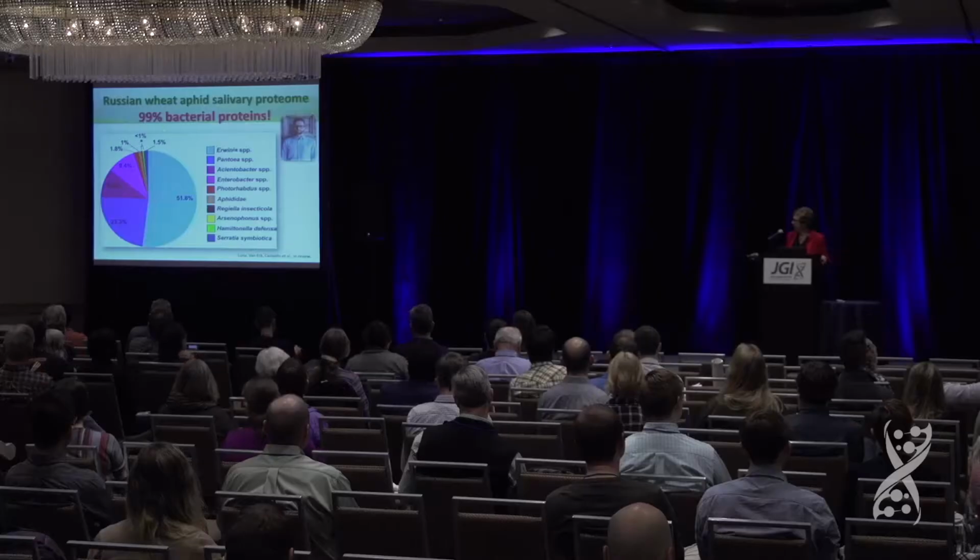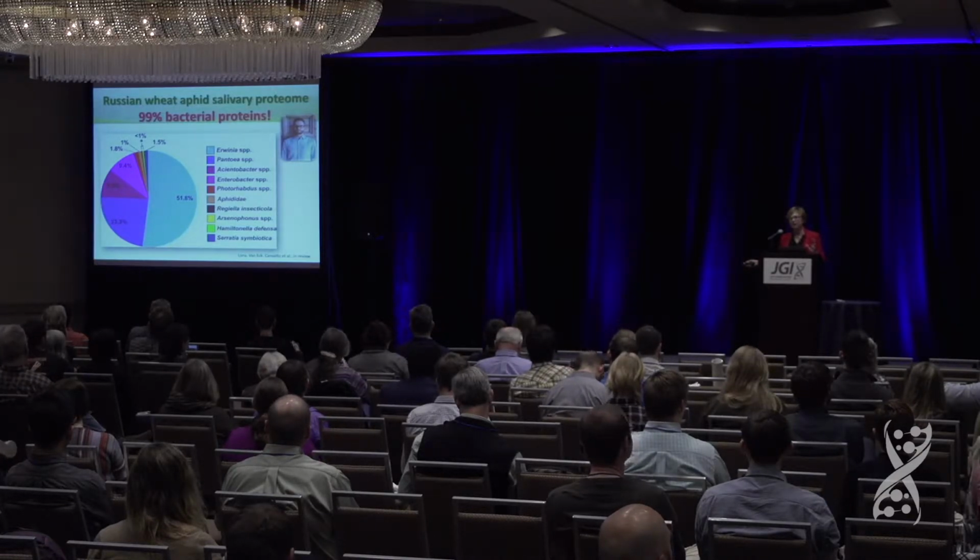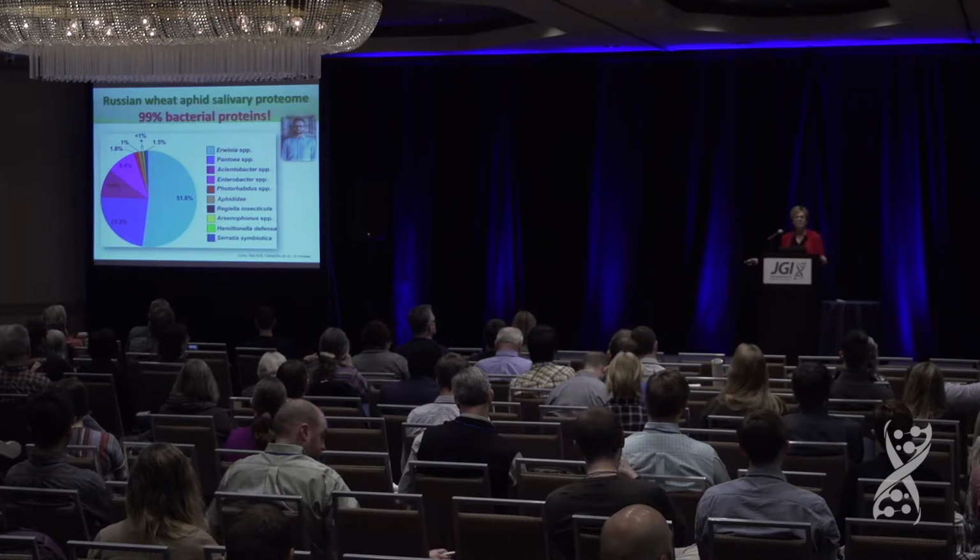I'm a microbiologist by training, and I'm sitting there thinking, wow, look at all these bacterial proteins in here. And interestingly, these bacteria fall into particular groups, most of them are Enterobacteriaceae, which are often plant-associated bacteria, and in fact, often plant pathogenic bacteria, which is where my heart lies. So 99% of the proteins that aphids spit into the cells are bacterial proteins.